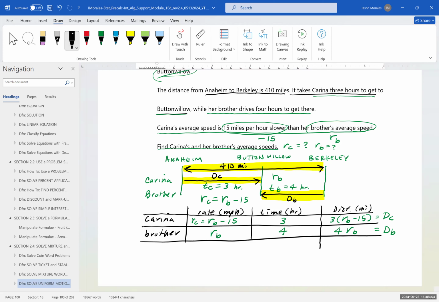So the distance that Karina traveled plus the distance that her brother traveled is equal to the distance of Karina plus her brother. And the distance of Karina plus her brother is equal to 410.